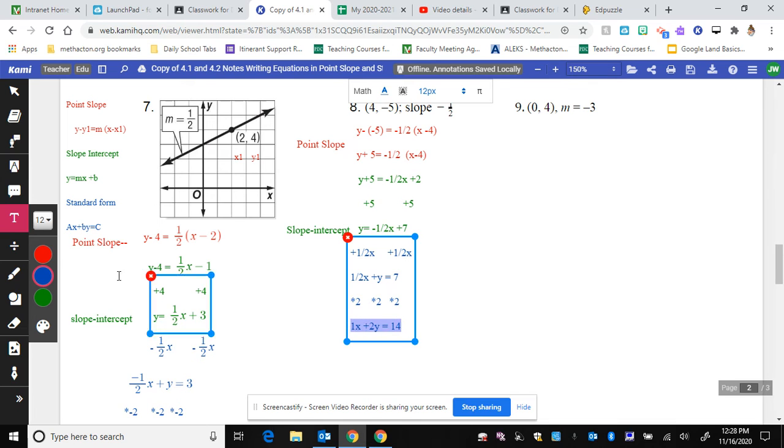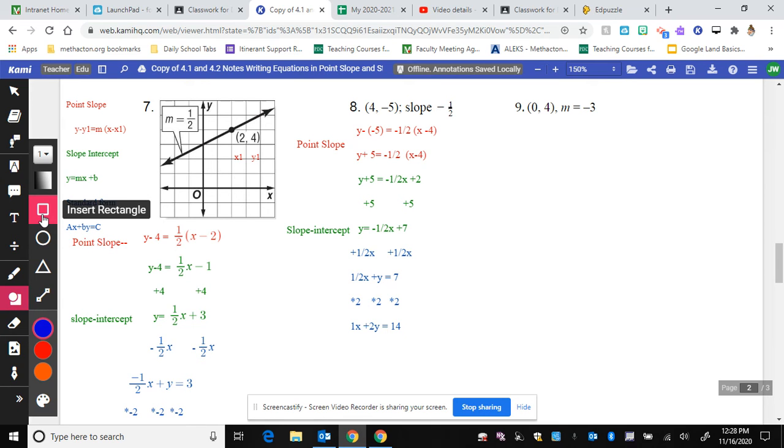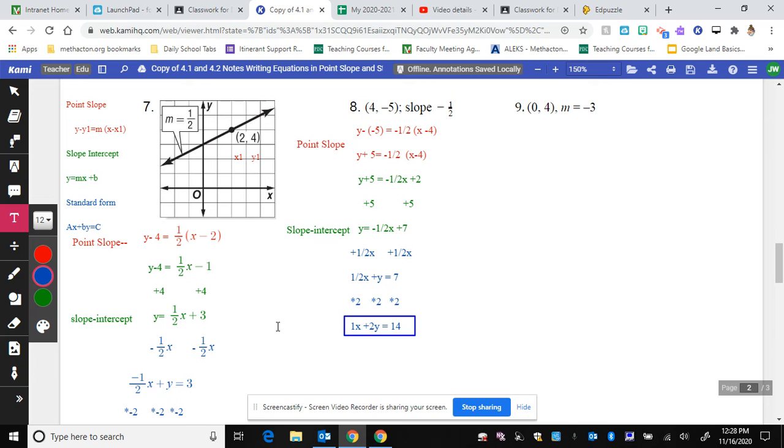And that is my equation in standard form. Okay, so it follows all the rules. We have my x and my y on the same side. Number 8 is done. We went through all 3 steps.